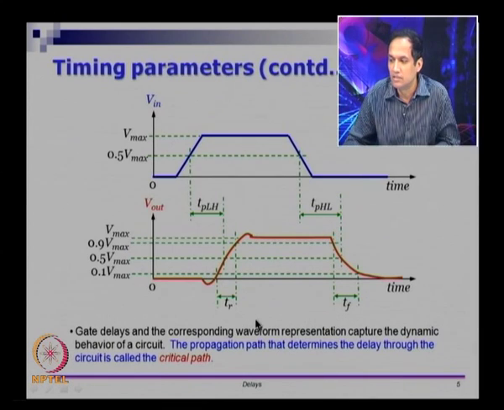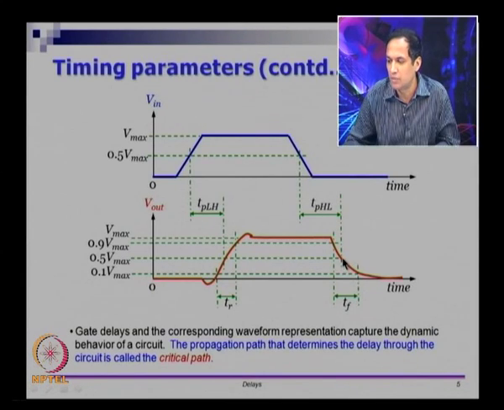And the notion of TPLH, or the propagation delay from low to high, is, if I give this as the input waveform, the time taken for the output to go from low to high, and TPHL is from 50% of the input to 50% of the output, whatever time it takes.